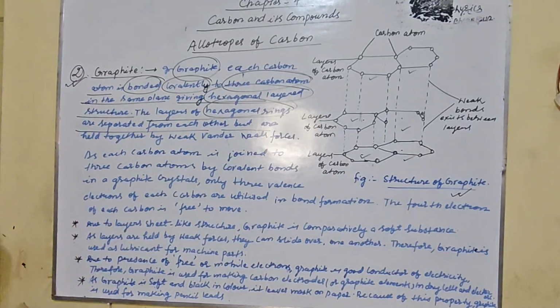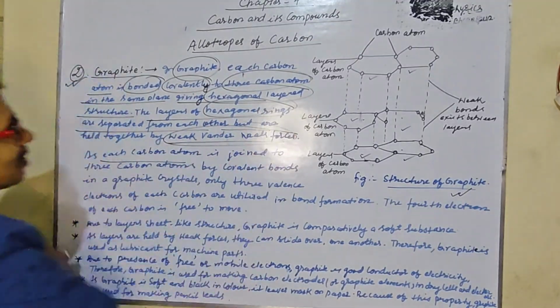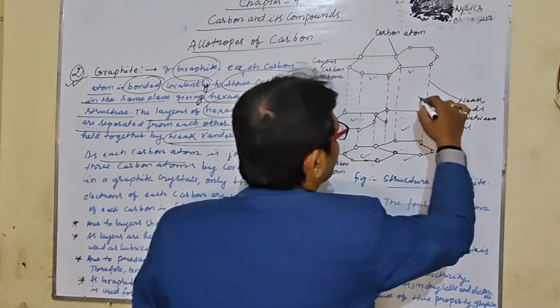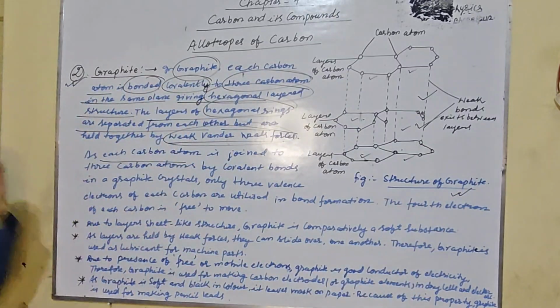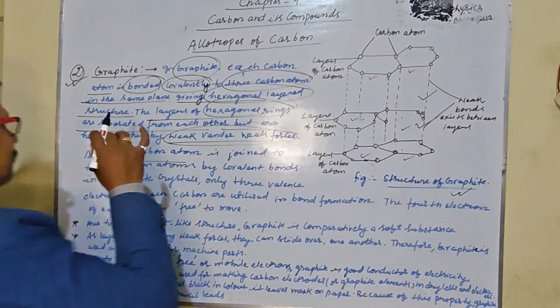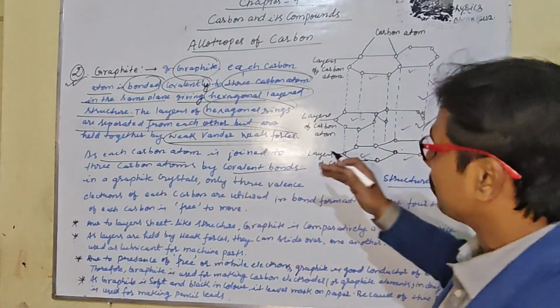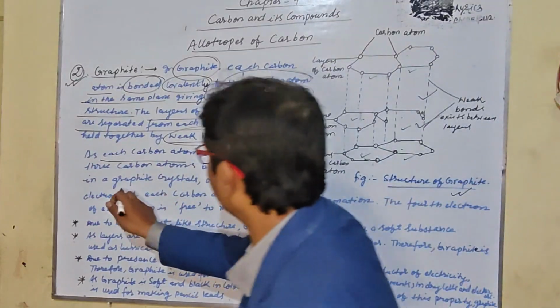So these layers are attracted by weak van der Waals forces. Each carbon atom is joined to 3 carbon atoms by covalent bond in a graphite crystal.